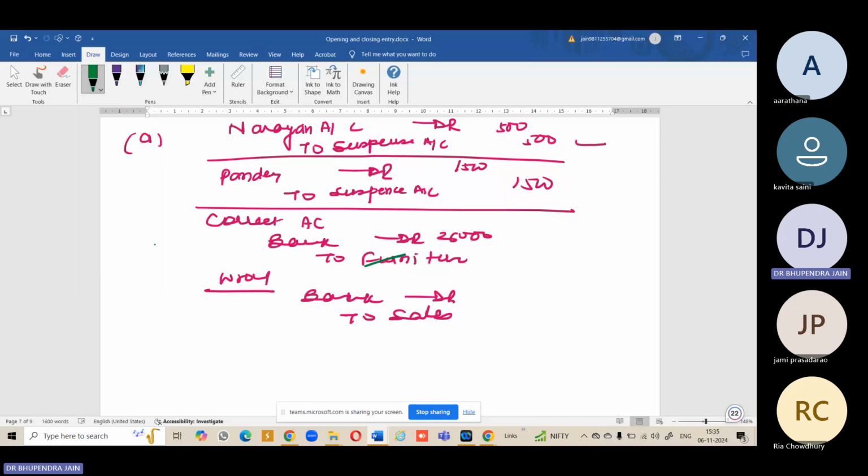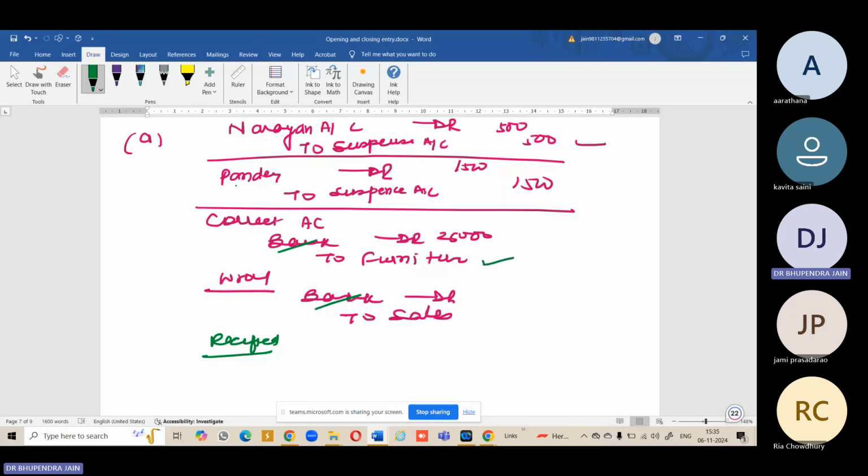So now cancel bank to bank, because in both the cases bank is given in the debit side, and pass the rectified entry. What is the rectified entry?